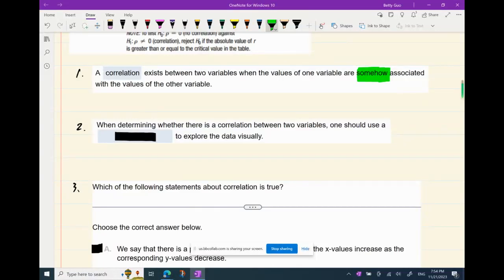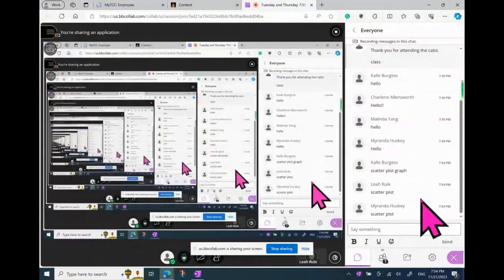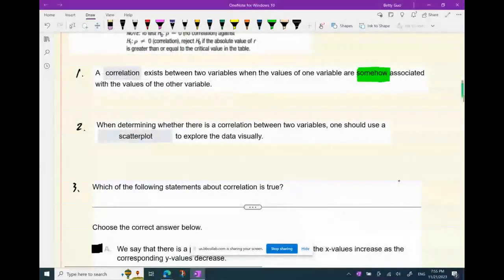Anyone want to contribute an idea? What's the name of the type of graph? Yeah, exactly. Scatter plot. Awesome. Scatter plot mainly is used to determine the correlation.